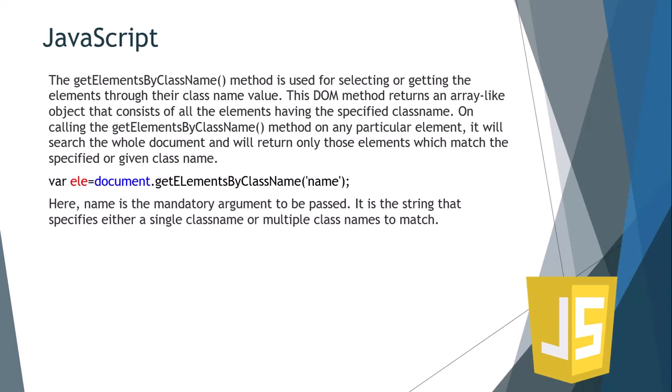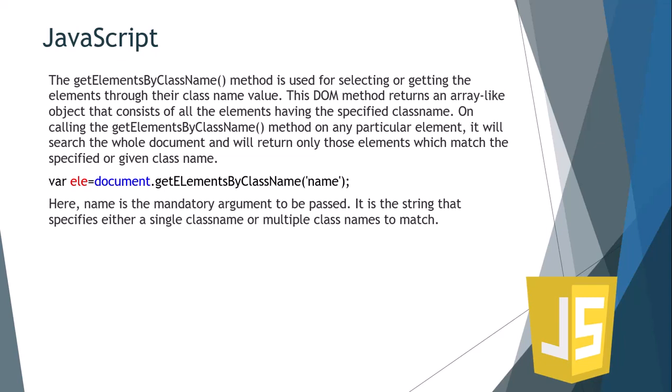In the previous tutorial, getElementById is used for selecting elements through their ID value. But this particular one, getElementsByClassName, is used for getting elements through their class name value.